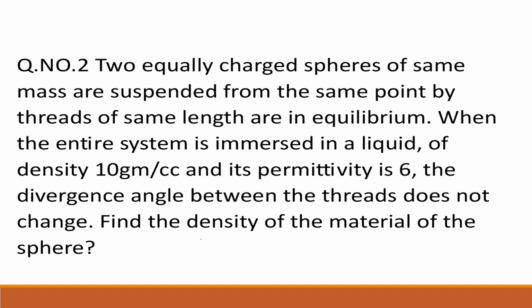So we have discussed that permittivity here means dielectric constant, right? It's actually relative permittivity. Okay, relative permittivity is 6, which means dielectric constant. The divergence angle between the threads does not change.